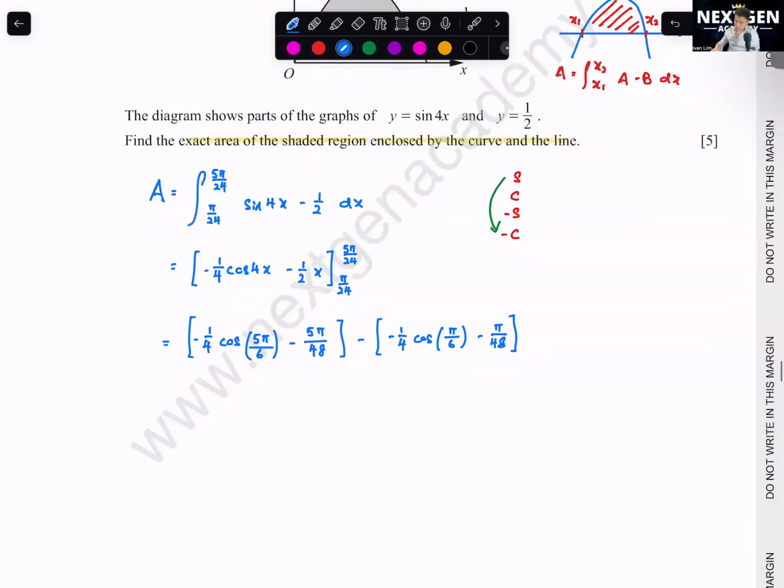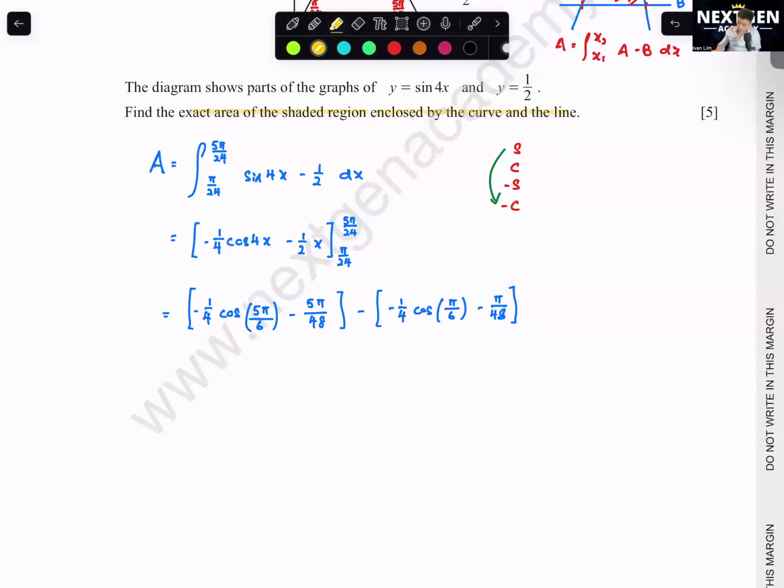Now, the question is, how do we get this and this without a calculator? Is it possible to do this without a calculator? What is 5 over 6 pi? So 5 over 6 times 180 degrees. This is 150 degrees. Pi over 6 is equal to 30 degrees.